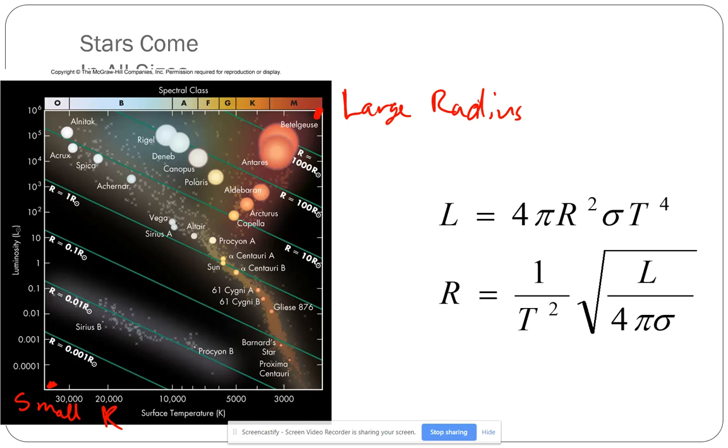Right? We use our sun as the reference point. Oftentimes over here they will put the absolute visual magnitude instead. The absolute visual magnitude is a measurement of the luminosity, calibrated to be the brightness you would have in apparent visual magnitude if you were 10 parsecs away.